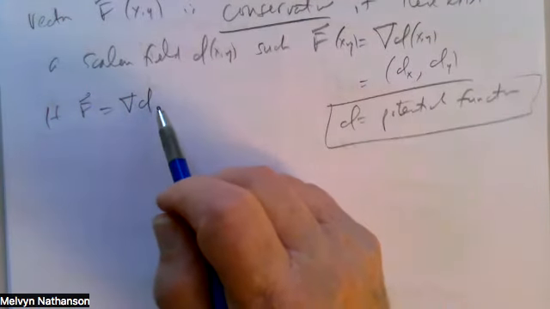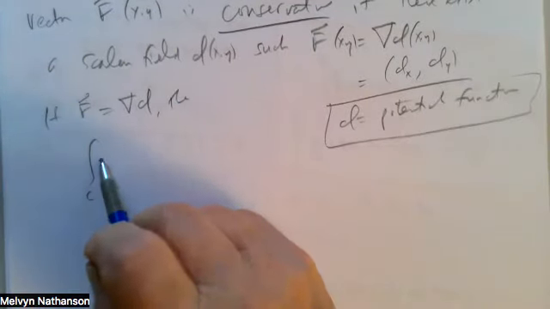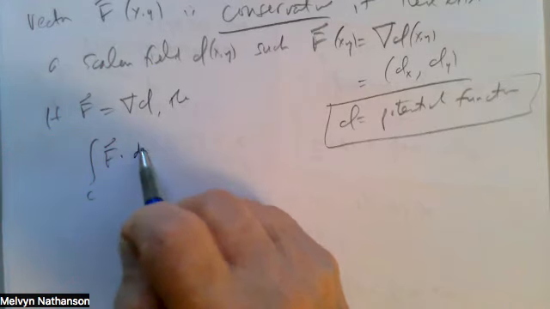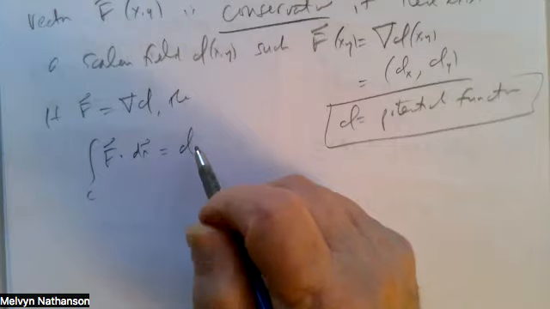If F is equal to the gradient of phi, then along any curve C, the line integral is phi at the endpoint.